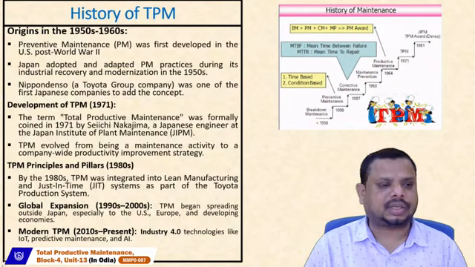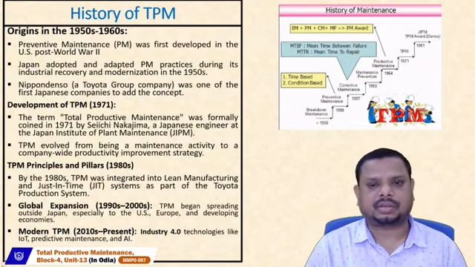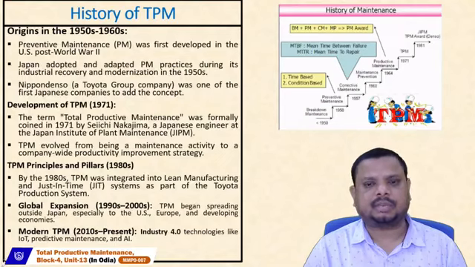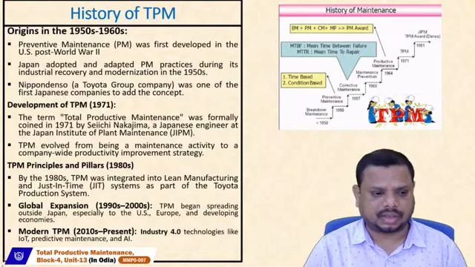The next is TPM principles and pillars during the 1980s. By the 1980s, TPM was integrated into lean manufacturing and just-in-time systems as a part of the Toyota Production System. In lean manufacturing, the focus is minimization of waste and respect for the employees involved in production activities.